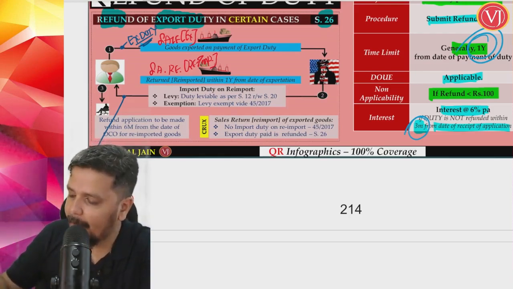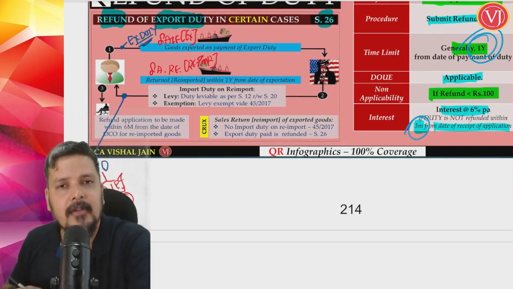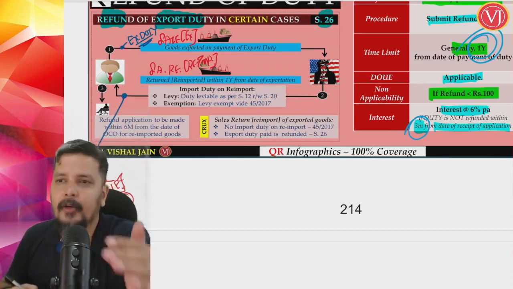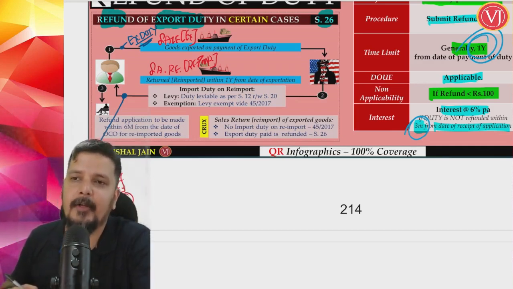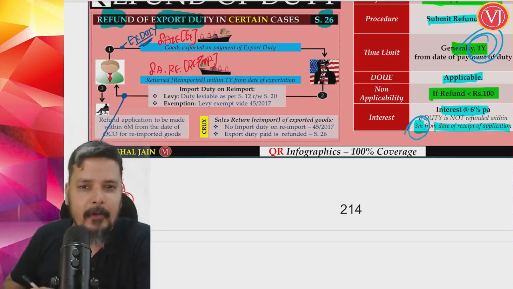But in this entire process, don't you think that the goods went and came back? Import duty is not there because notification 45/2017 tells that you have to pay the lower of actual import duty or export incentives, whichever is lower. But in this entire process, you already paid export duty.